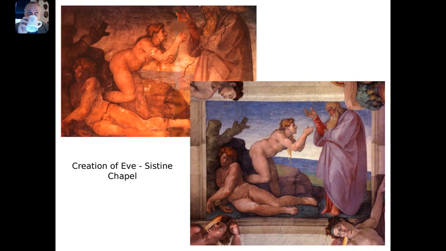Another explanation for that may be that it's possible he used all male models, even for female figures. And so he's using a muscular male model even when he paints female figures. I don't have a confirmation of that, but that's one theory as to the appearance of some of his female figures.